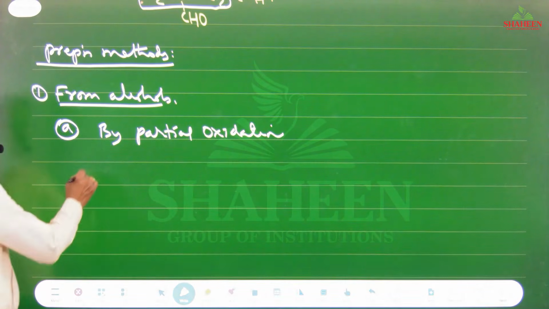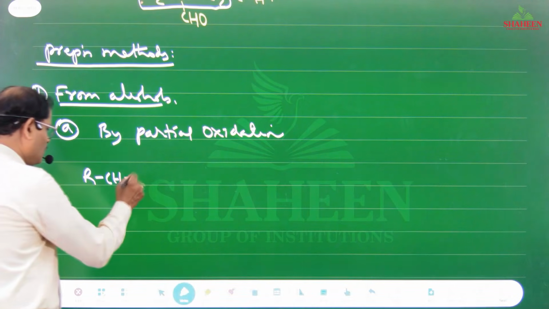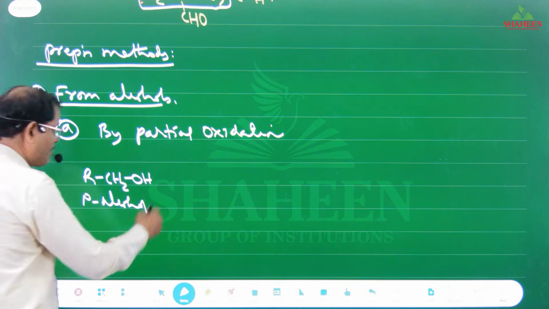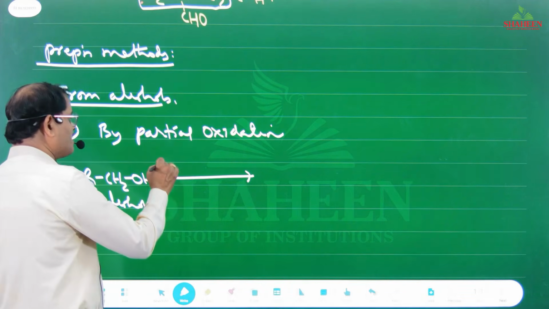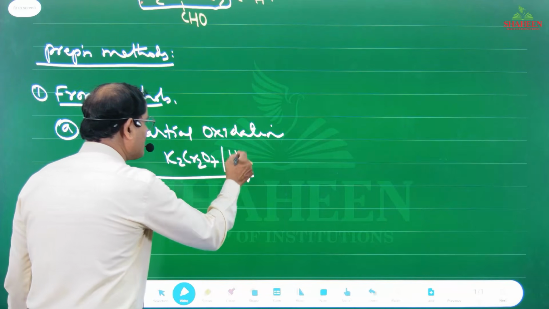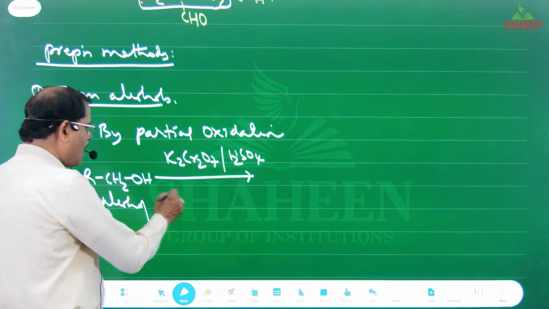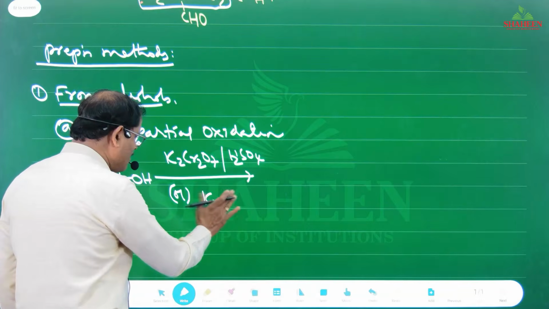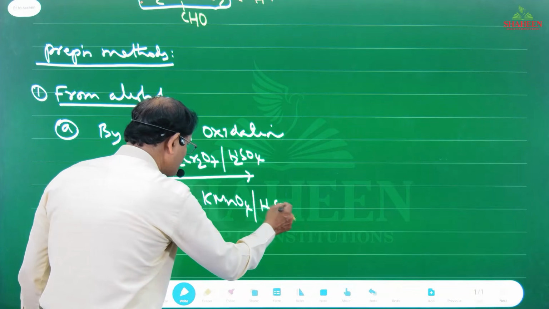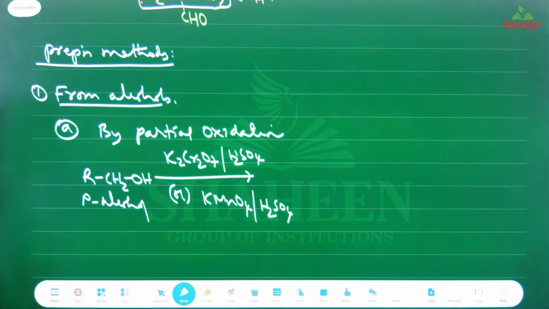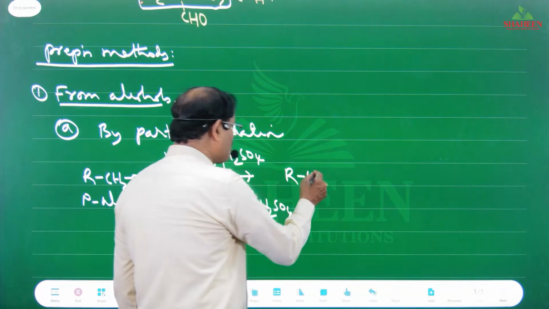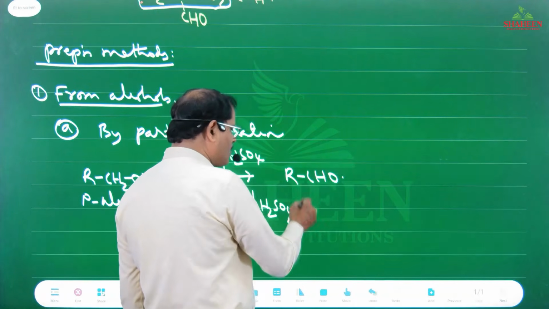For example, RCH2OH is a primary alcohol. When a primary alcohol is oxidized in the presence of K2Cr2O7, potassium dichromate in acidic medium, or KMnO4, potassium permanganate in acidic medium, which are strong oxidizing agents, first they produce aldehydes or carbonyl compounds.